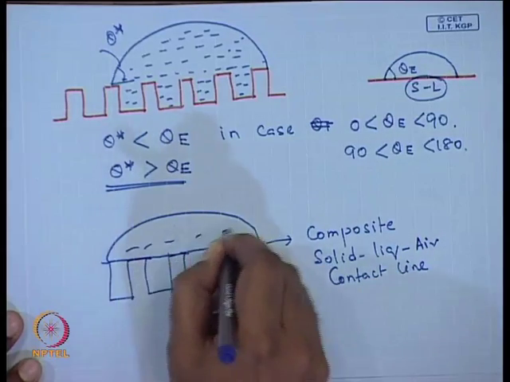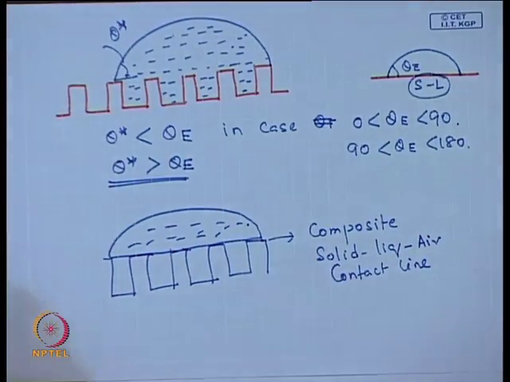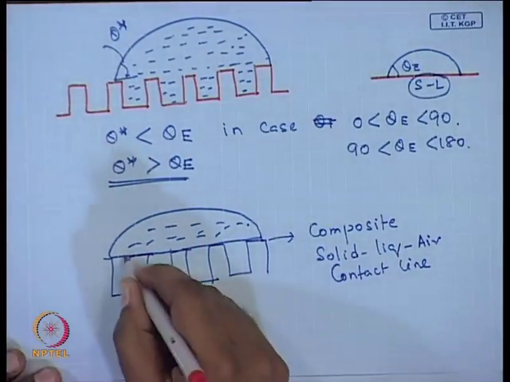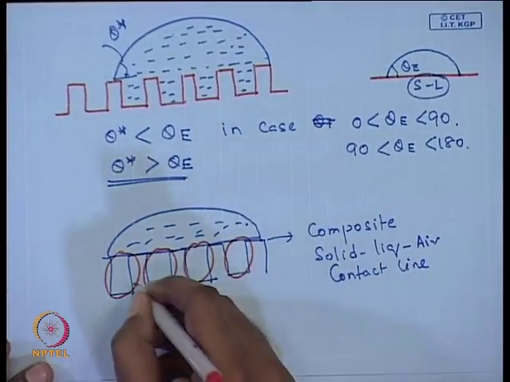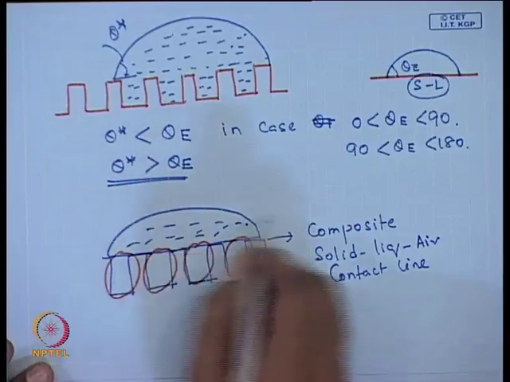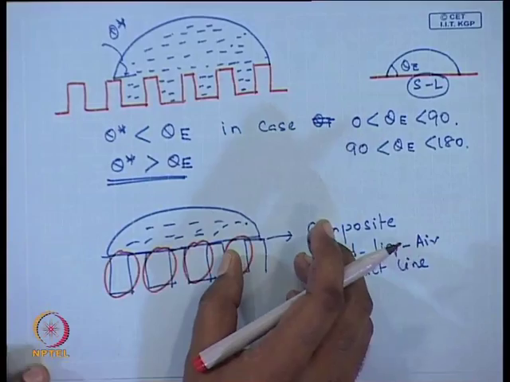So, the liquid stays over here, it does not penetrate within the valleys, where air pockets remain, and this leads to the additional effects of hydrophobicity, which will come in a minute's time.